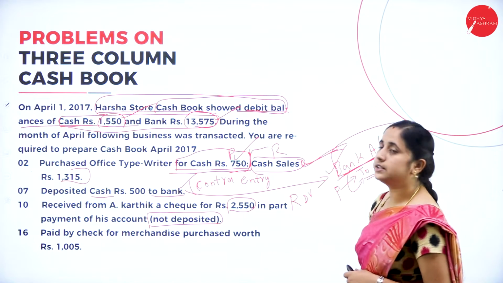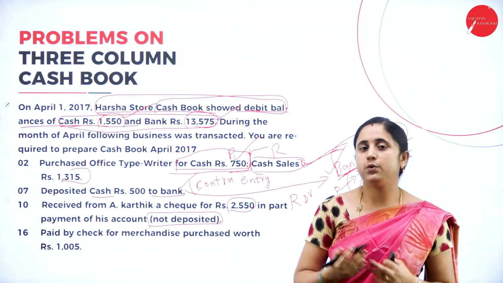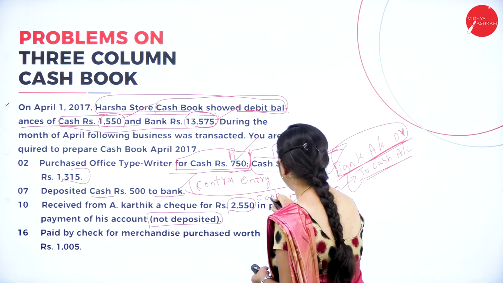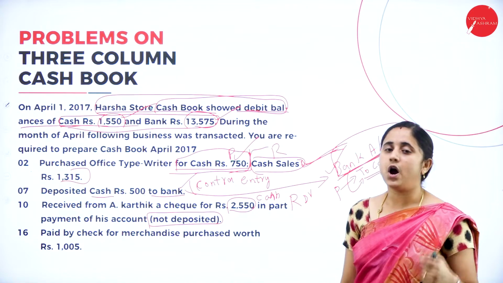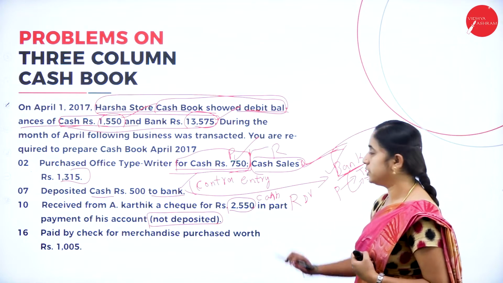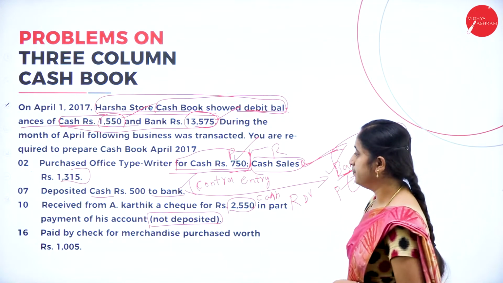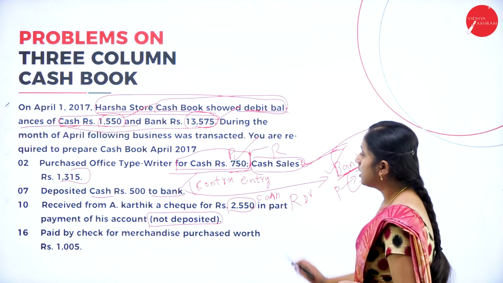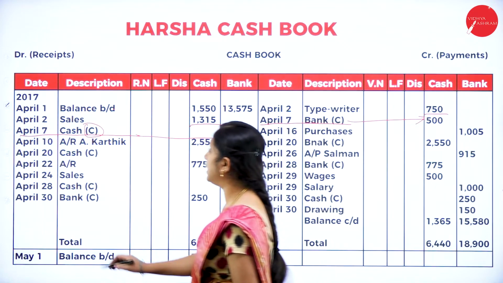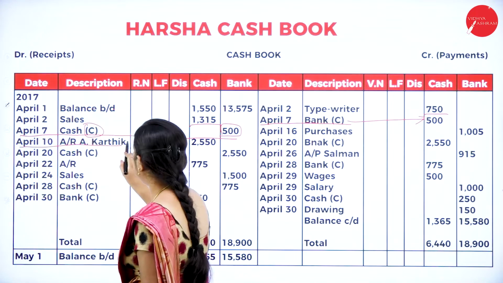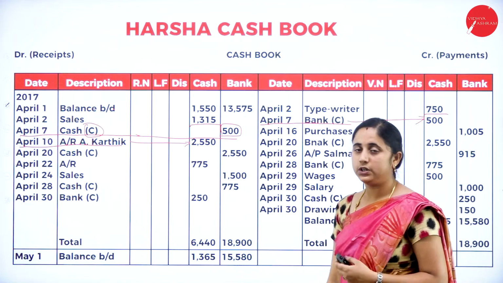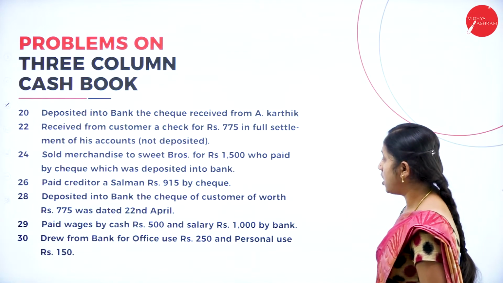Now consider this as cash received. If the check is received and not deposited in the bank, you need to record the amount in the cash column. So write April 10th, A. Karthik, 2,550 in the cash column, not in the bank column.